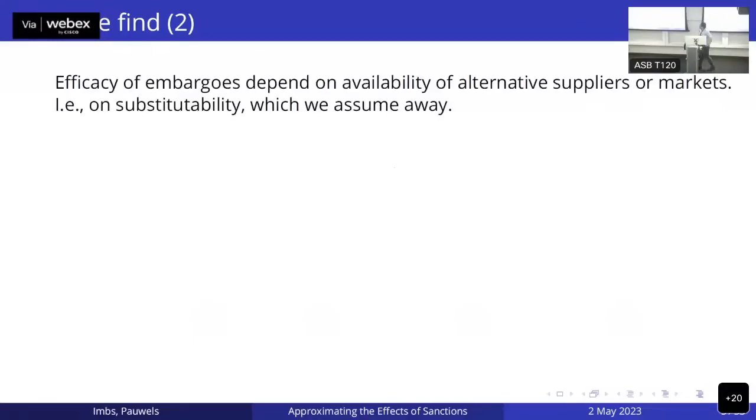All right, so the efficacy of embargo depends on the availability of suppliers or markets. So we do assume a substitutability away in the approximation, and I'll explain this a little bit more in detail when we get to that point. But essentially, what we do, we use this approximation to explore historically existing alternative markets for Russia and for the EU.